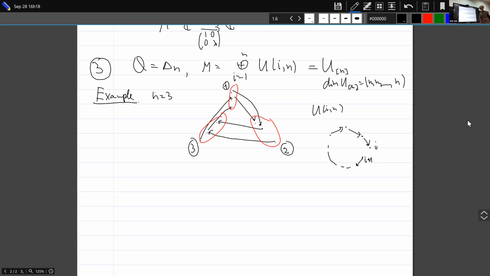I was confused. I was thinking that the U_{i,n} are the components of the module corresponding to the vertices of the quiver. No, these are sub-representations. It's different. Right, right. So these are sub-representations.